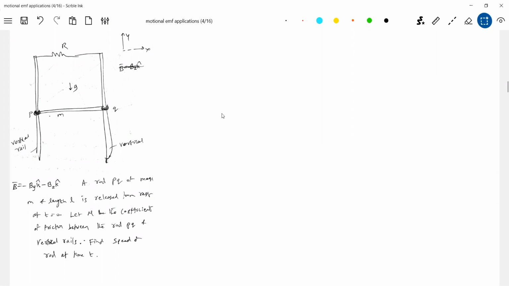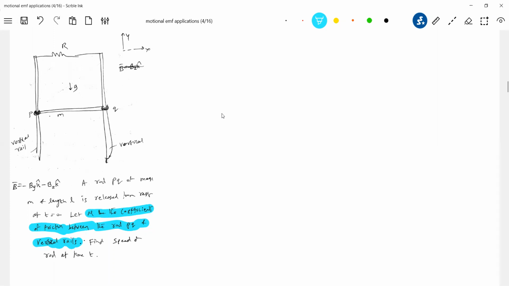Mu be the coefficient of friction. I just wanted to bring that idea of friction here. Mu be the coefficient of friction between the rod PQ and the vertical rails. Read the question, try to get the diagram.